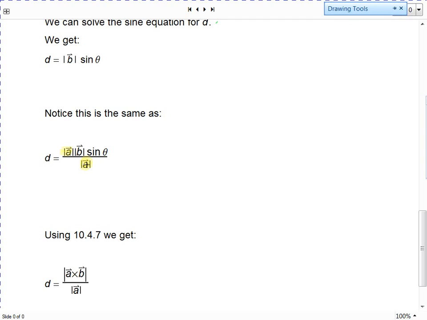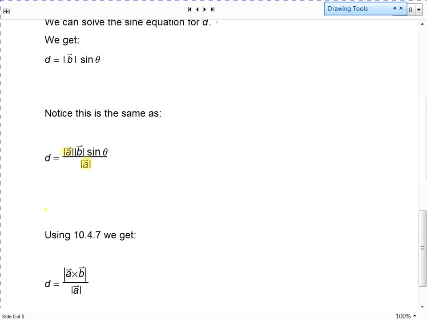Do you see them? Magnitude of A, magnitude of A. Magnitude of A divided by magnitude of A is 1, isn't it? So I just took that up there, and out of nowhere, I put that in there. Why? Now, here's why. If you remember the definition of the cross product, the magnitude. What is the magnitude of the cross product of two vectors?